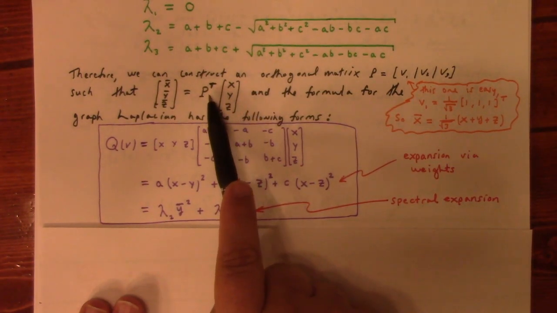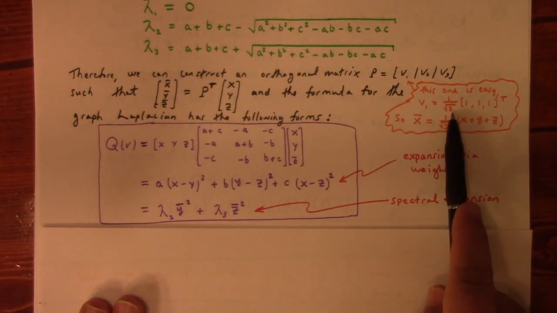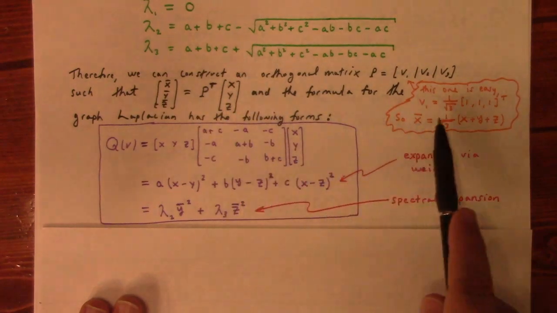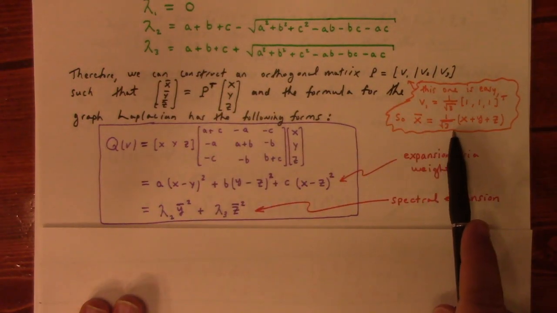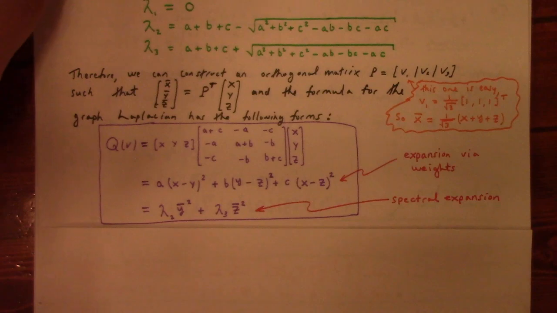And that's relatively easy to calculate in one sense, because v1 is just 1, 1, 1 divided by the square root of 3 to make it a length 1 vector. And so if you think about this product, you can see that x bar would be 1 over root 3 times x plus y plus z. But that's all I'm gonna say about the explicit formulas for the eigencoordinates for even this simple example.